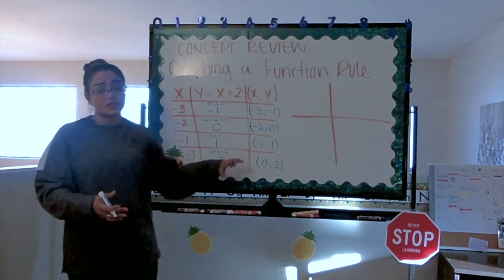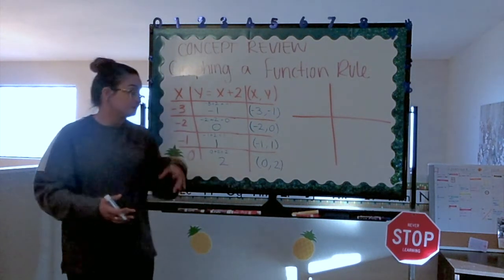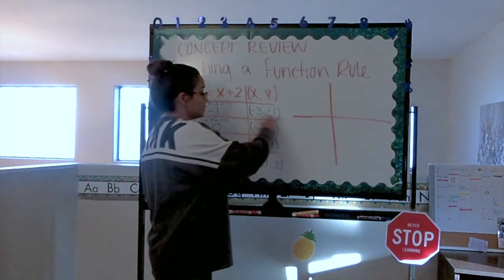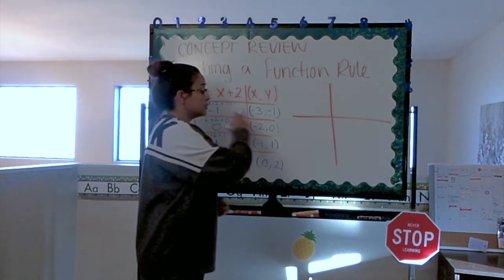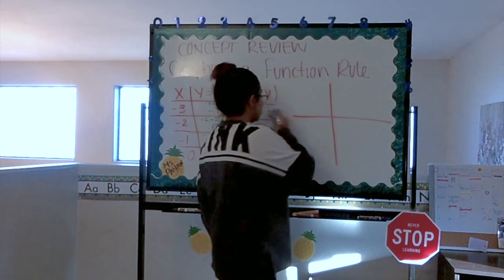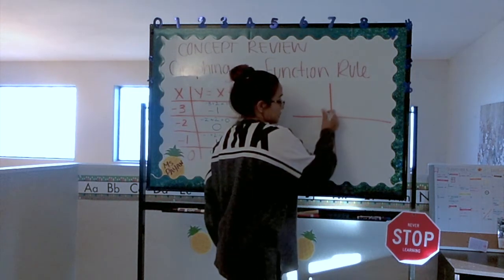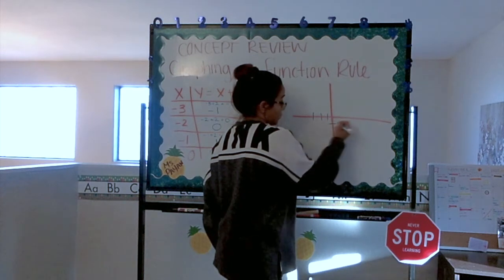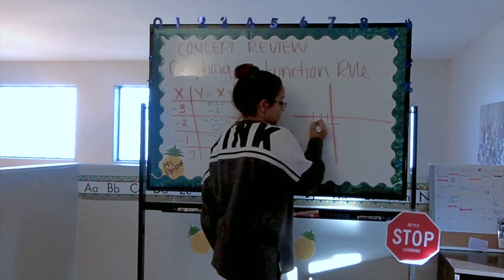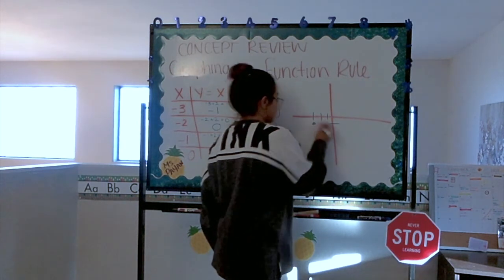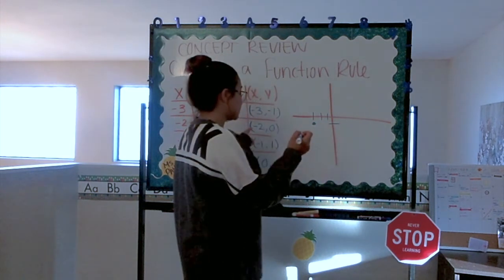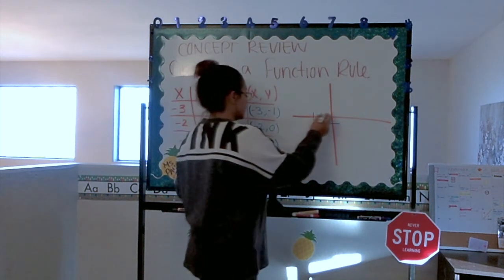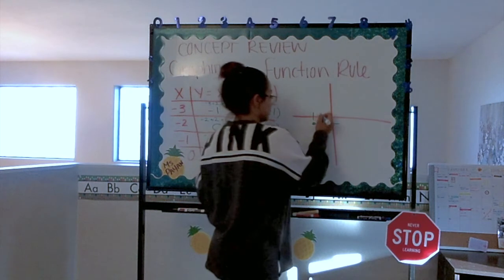Now that we have our coordinates, let's go ahead and graph them. So we're going to start with this one, -3 and -1. -3 for x is this way, so 1, 2, 3. -1 for y is 1 down. So here's that point right there. Now let's go with our next one. For x we have -2 and 0.